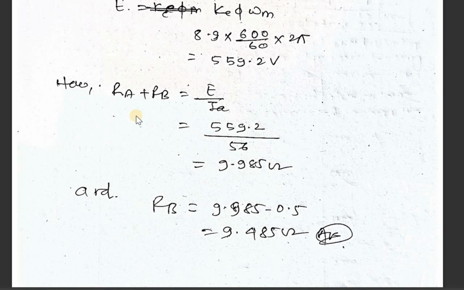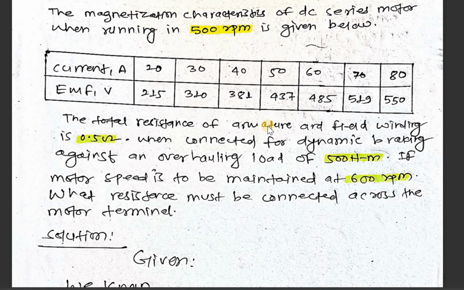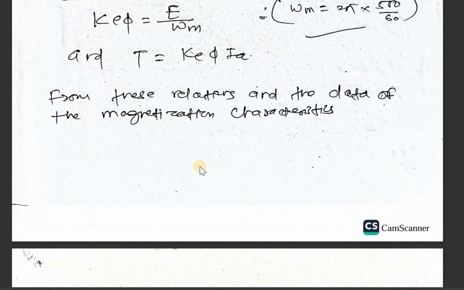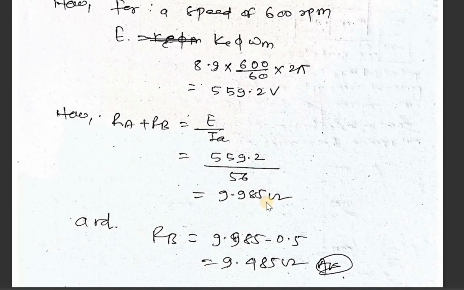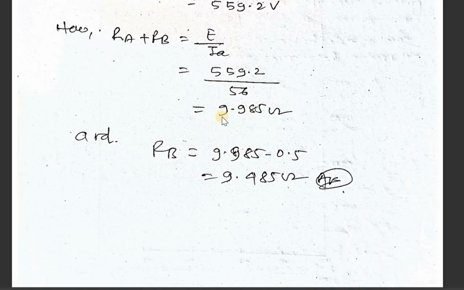In the question, the total resistance of armature and field is 0.5, so Ra plus Rb equal to 0.5. Then Rb equal to this value minus 0.5. Then we get Rb equal to 9.485 ohm.